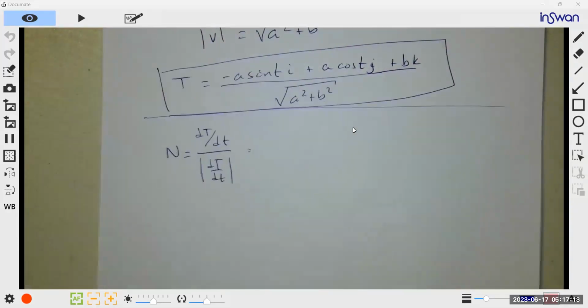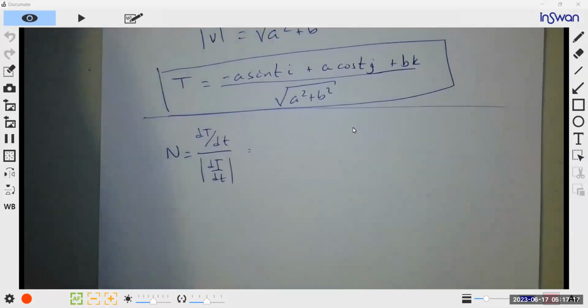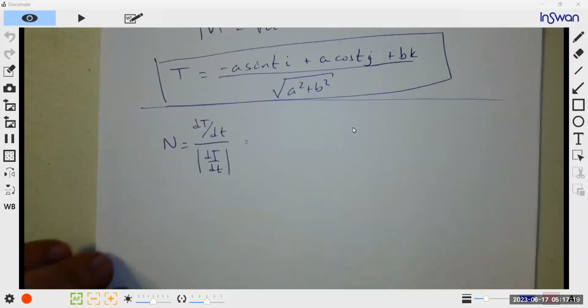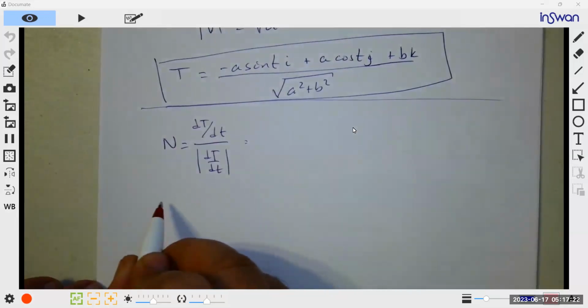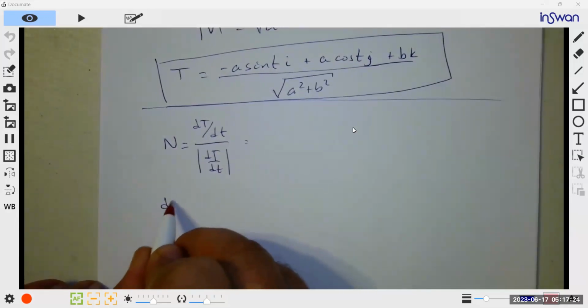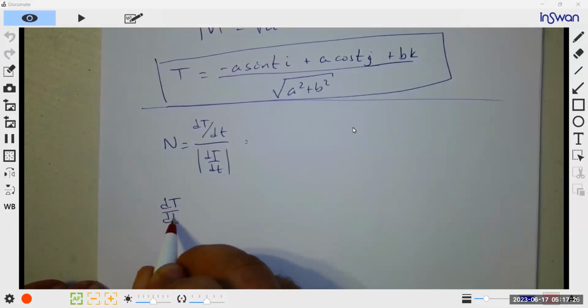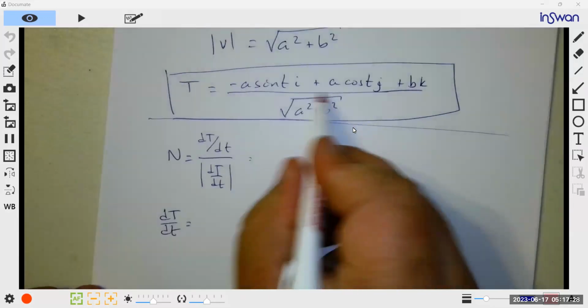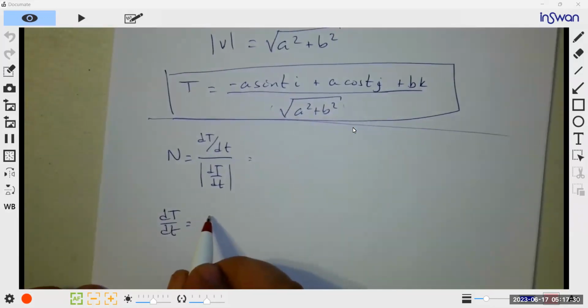This one is bad. We have to take a derivative with respect to t. This doesn't have t, so it just stays out in front.